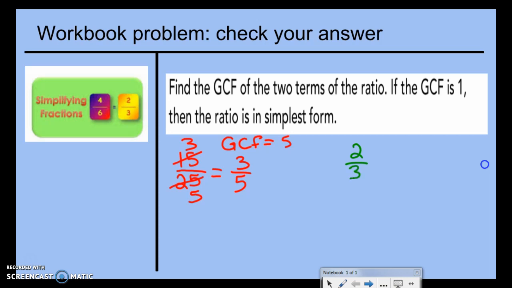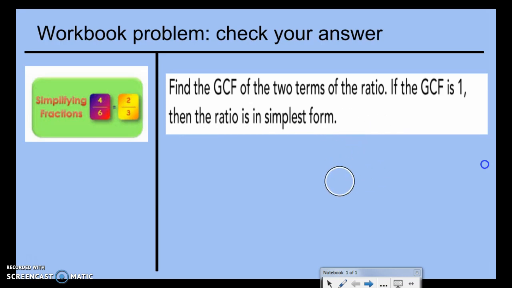The greatest common factor of 2 and 3 is 1. Nothing can go into 2 and 3 as a whole number except for 1. So 2/3 is in simplest form. Okay? Ms. Carpenter also put a picture over here on the side as an example, in case you want to look at that as well. We have 4/6. Simplest form is 2/3.